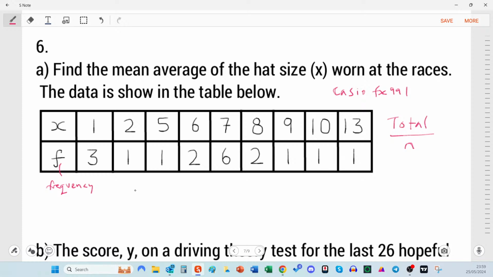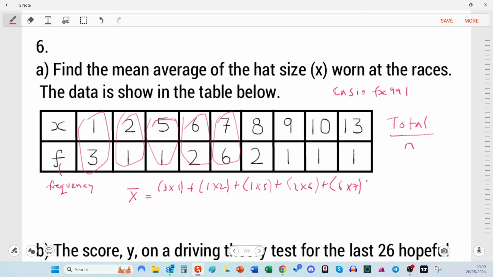So the calculation you need to be showing is going to look like this. 3 times 1. You're essentially going to go through, do all these pairs multiplied together and add them up. 1 times 2, 1 times 5, 2 times 6, 6 times 7, 2 times 8, 1 times 9, plus, let's do it properly.